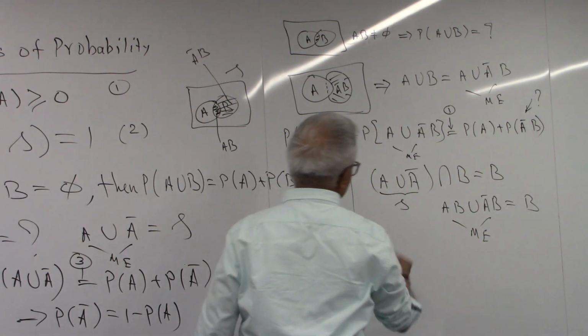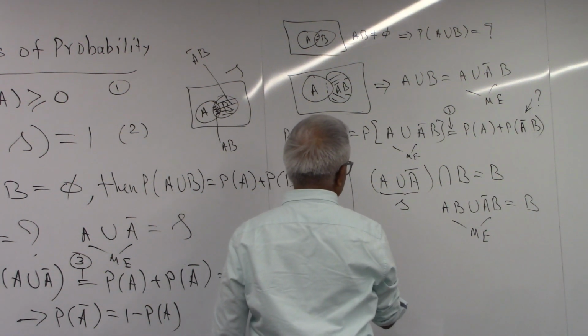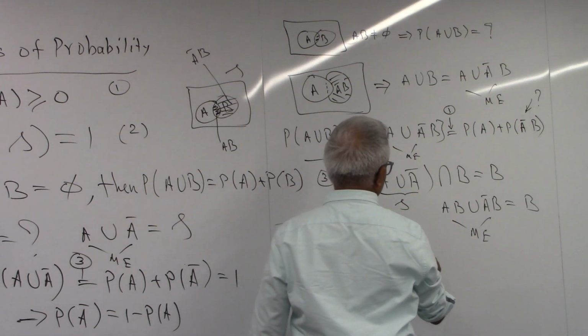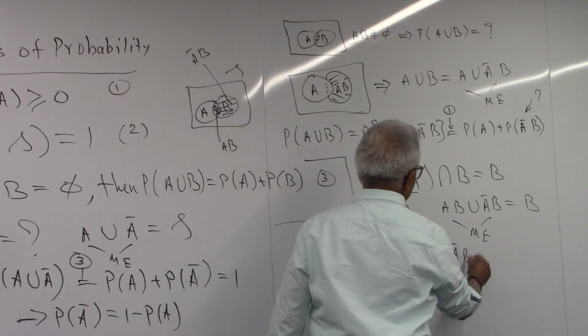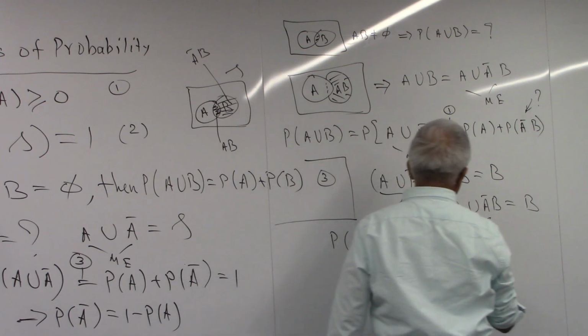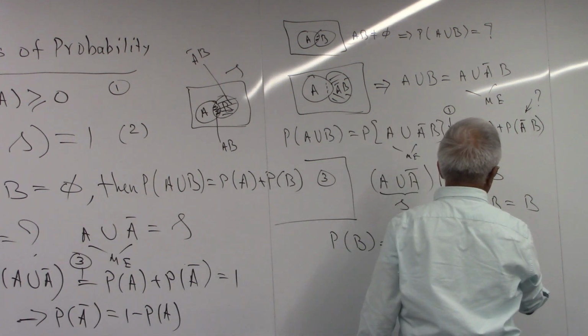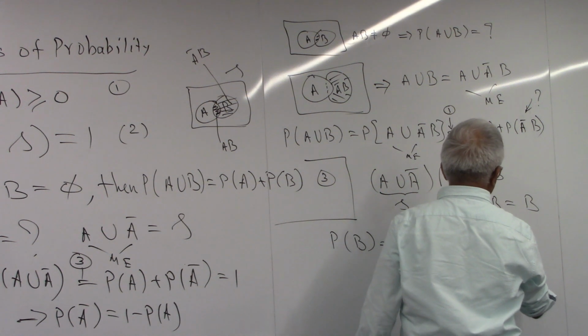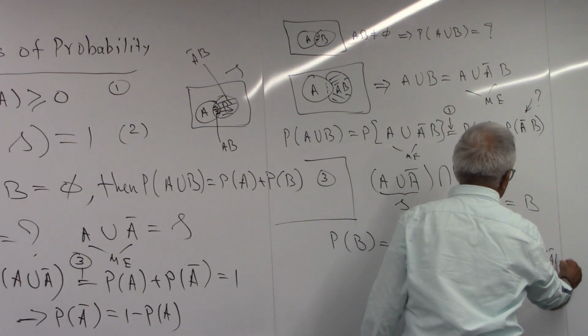So I can once again bring in the third axiom. So this says P(B) is probability of AB union A bar B. But once again, using axiom number 3, this is P(AB) plus P(A bar B).